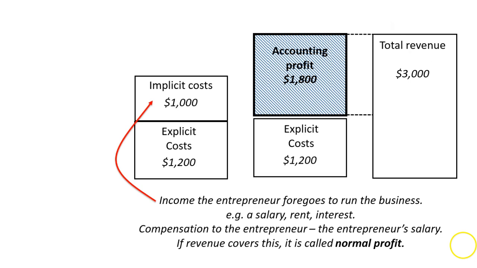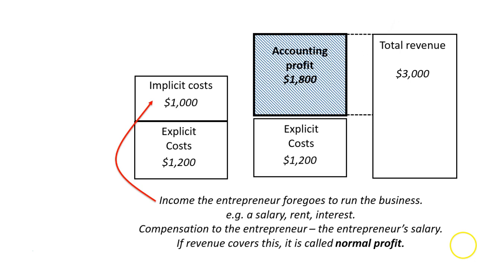Or maybe, alternatively, the entrepreneur might have a stack of money which they could invest in government bonds, for example, or corporate bonds, or long-term deposit accounts with the bank. But instead, they've used that wad of money in order to purchase, for example, equipment. So they have foregone the interest which they would have got from holding bonds or whatever.